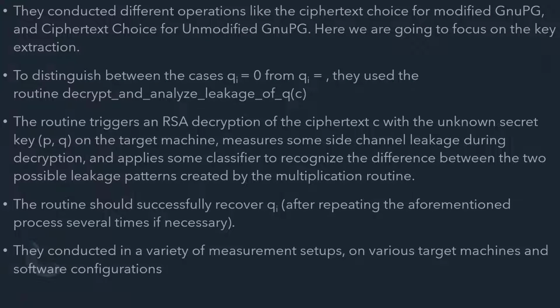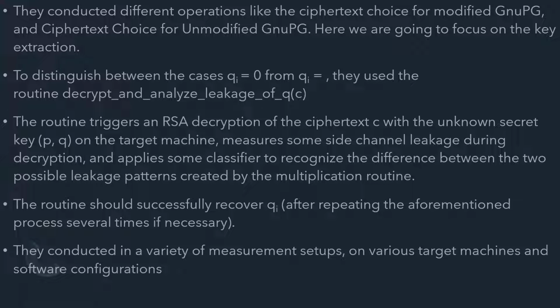They conduct different operations, like the ciphertext choice for modified GNU-PG. To distinguish between the cases where Q or P equals 0 or 1, they use the routine decrypt and analyze, which they incorporated in the code that I'm not showing here, but you can always approach us to get a copy of the code. The routine triggers an RSA decryption of the ciphertext C with the unknown secret key P or Q on the target machine.